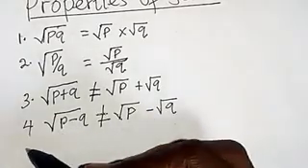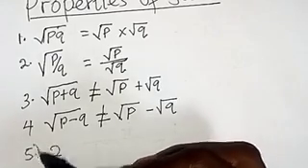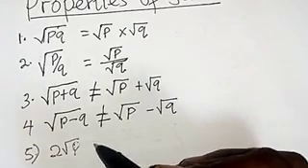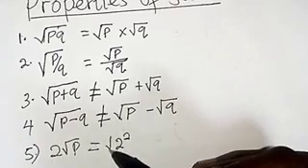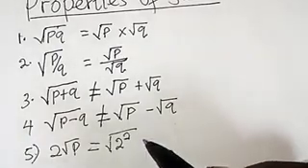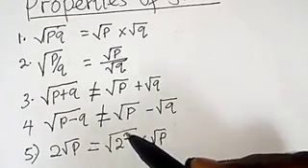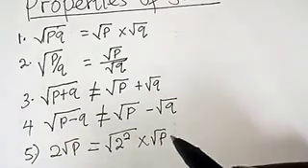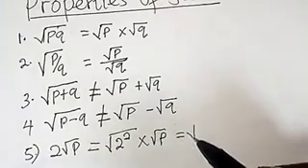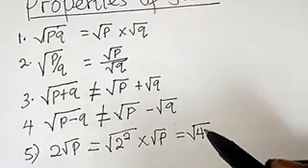Then you have another one. If you have 2 root P, this can be written as 2 raised to the power 2, all under the root, multiplied by the square root of P. If I cancel the 2 with the root, I still get back 2. So 2 raised to the power 2 gives us 4, then you put your P here.